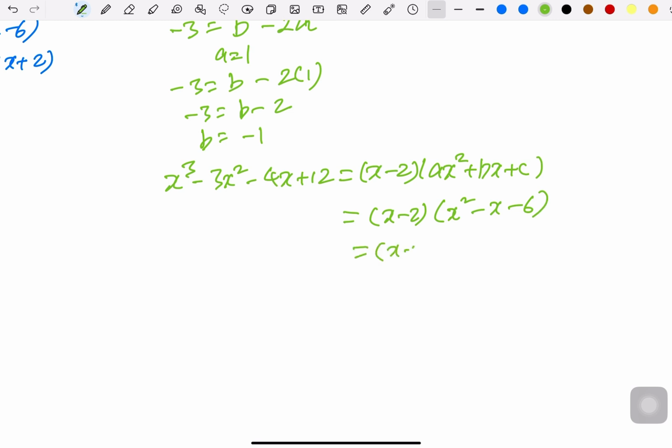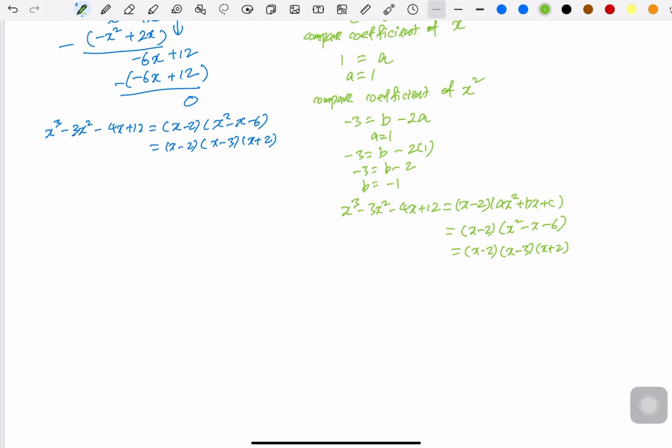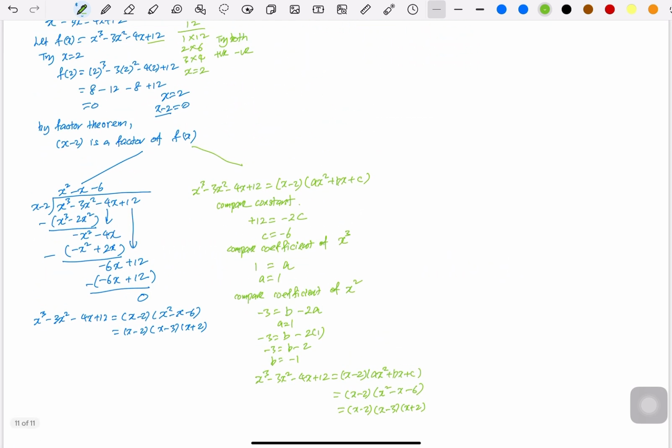Then I will try to factorize it where possible, because the question asked me to factorize. I should factorize it as much as I can. So x minus 3, x plus 2. So these are the two ways of solving.